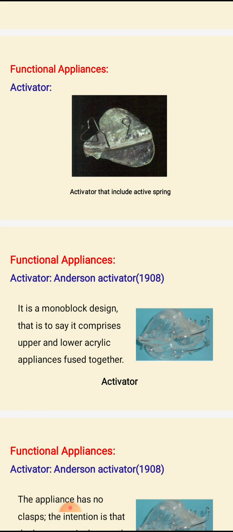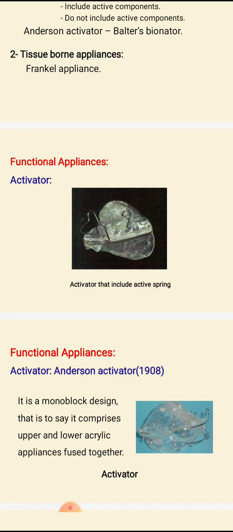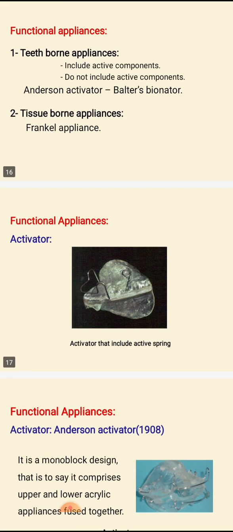It could be passive, which means it does not include any active components, or it could be active, including springs like this one in this slide. It includes a spring to move the first molar tooth, so in this case it's an active activator.